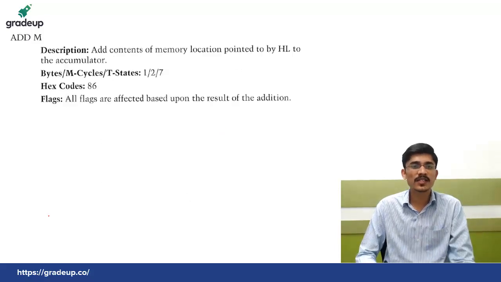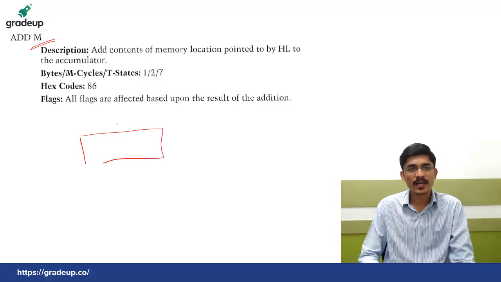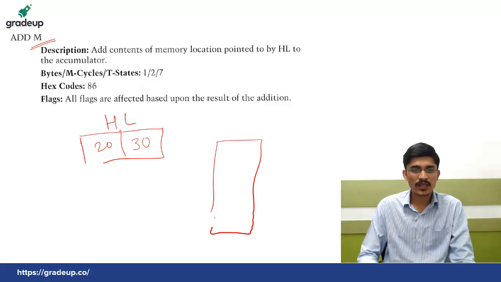The next instruction is add M. In the previous lecture I explained what M is. Suppose we have the HL register, in which H has 20 and L has 30. Inside the memory there are different memory locations.